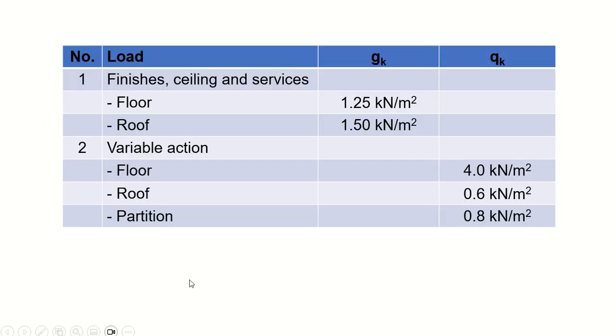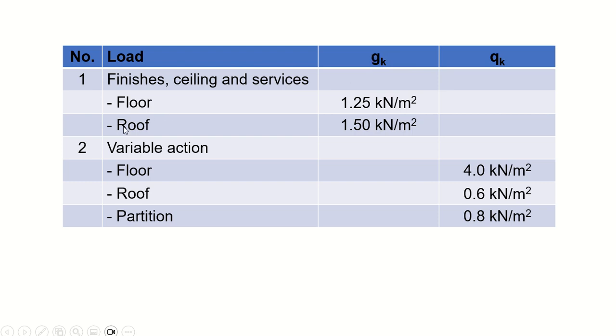You have also been given this data of loading. From finishes, ceiling and services, for the floor 1 to 4, the Gk is 1.25 kilonewton per meter square. These finishes, ceiling and services fall under Gk, or permanent load.